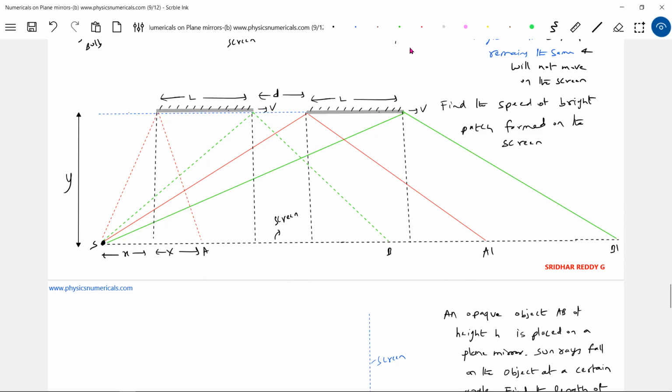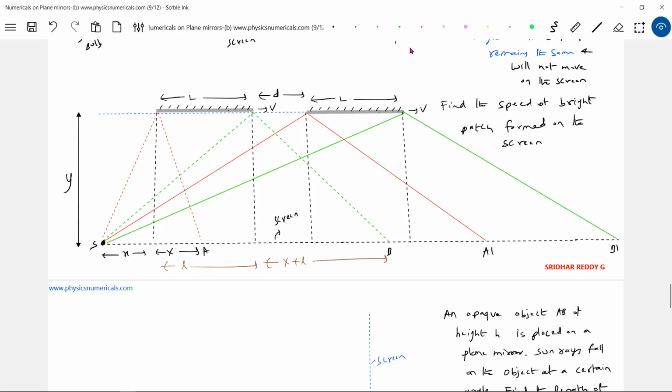For that, let me take help of the conditions available. This distance is L, so this distance should be equal to X plus L. What about this?